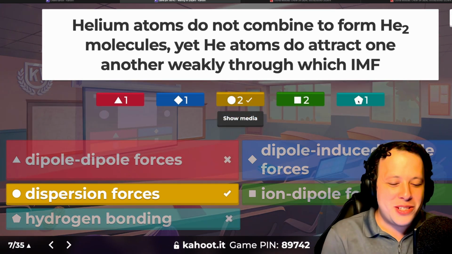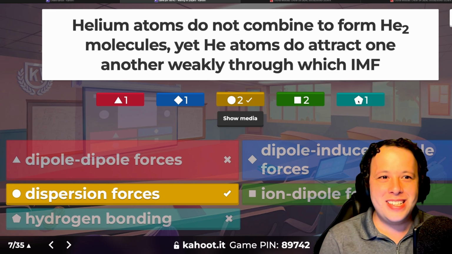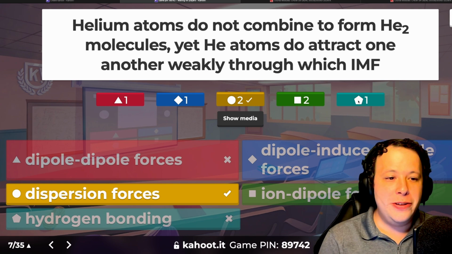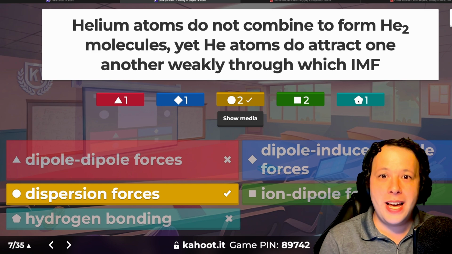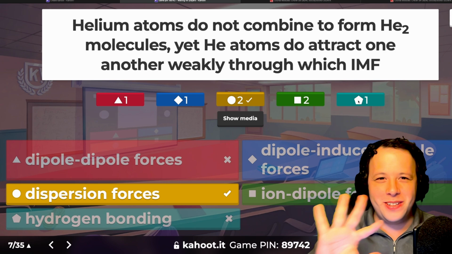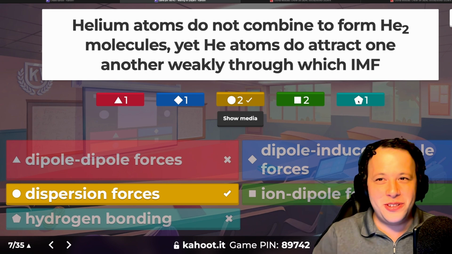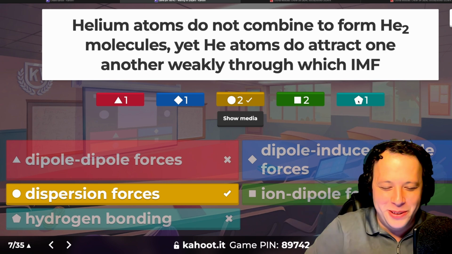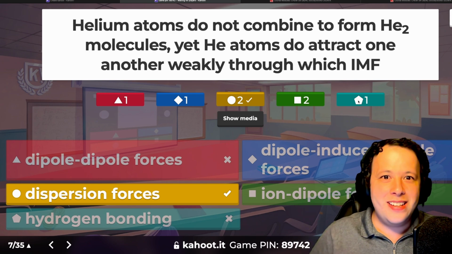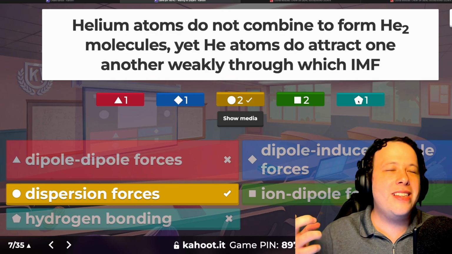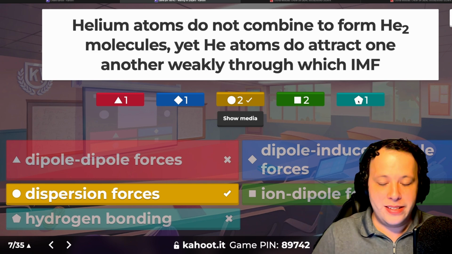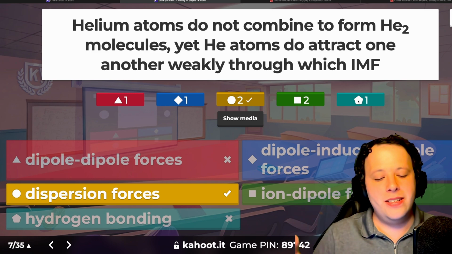So with this one, how exactly can you look at it? It's a noble gas. The noble gases have a complete octet. They're on the very right side of your periodic table. Being on that far side means it doesn't need electrons, so it doesn't typically bond with different elements.